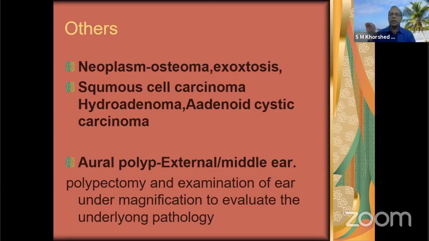Polypectomy is the treatment, followed by examination of the ear under magnification to evaluate the underlying pathology. If there is a cholesteatoma, if there is tympanic membrane perforation, if there are other diseases, we have to find out. So when there is an aural polyp, just polypectomy is not the treatment. You have to examine the ear under magnification to find this out.